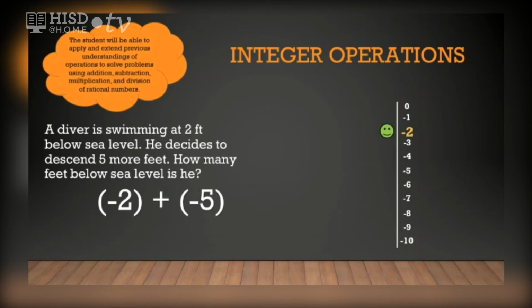So we can rewrite it as -2 plus -5. Let's see in a number line. If we move 5 spaces to the bottom, that means that the diver is now going to be at -7 feet, or 7 feet below sea level, which is the same that we get in our algebraic expression.